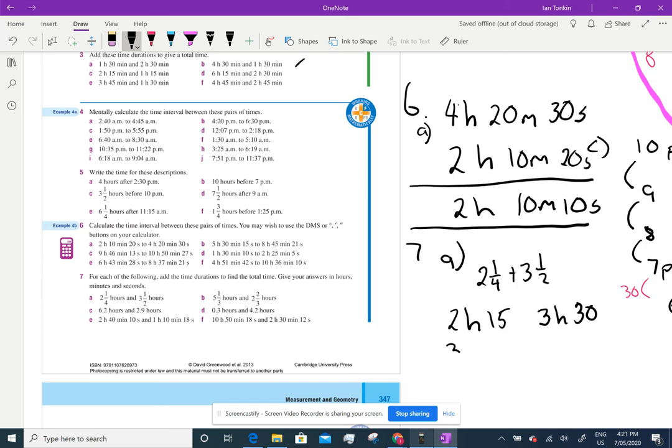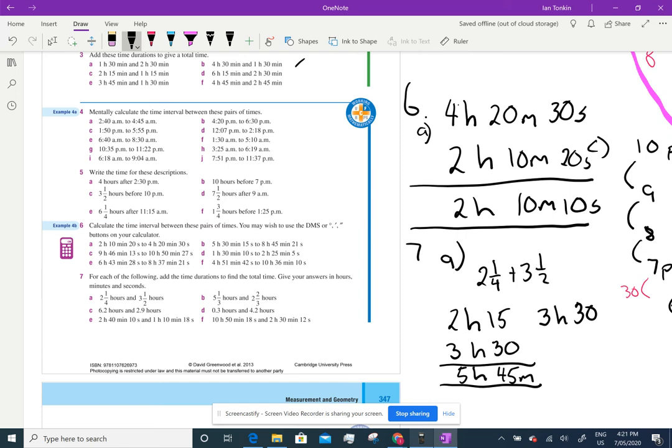If I add them together, 15 and 30, 45, and 2 and 3, 5. So you can do it without a calculator, but when you get to C, it's very, very hard.